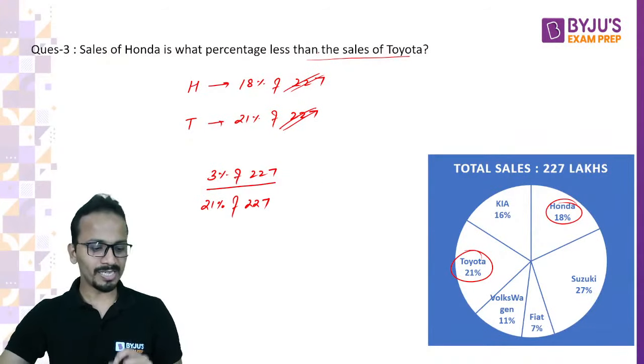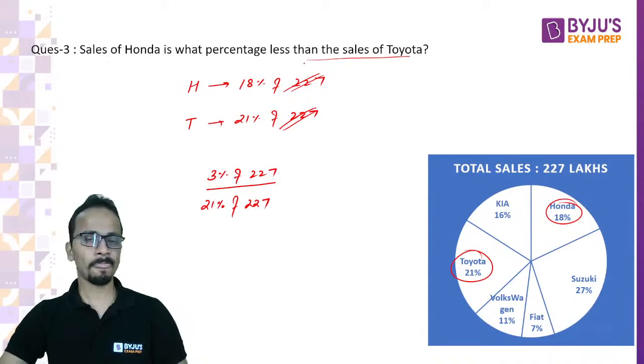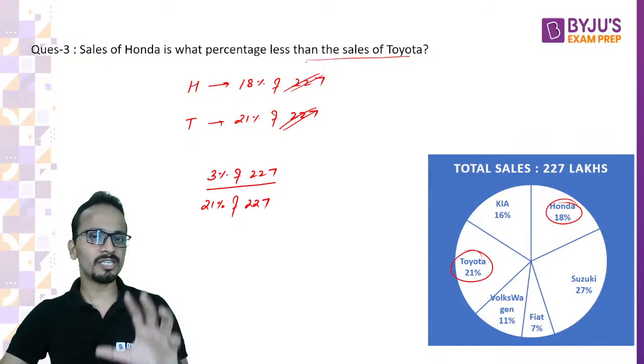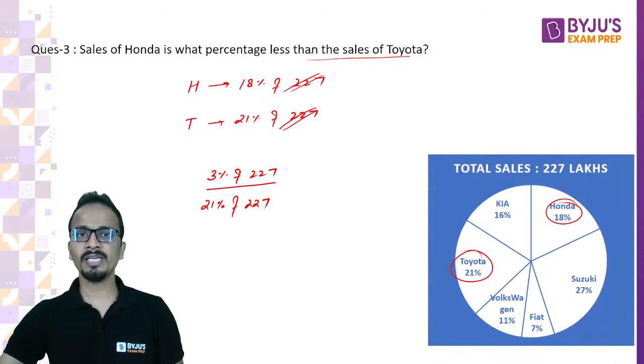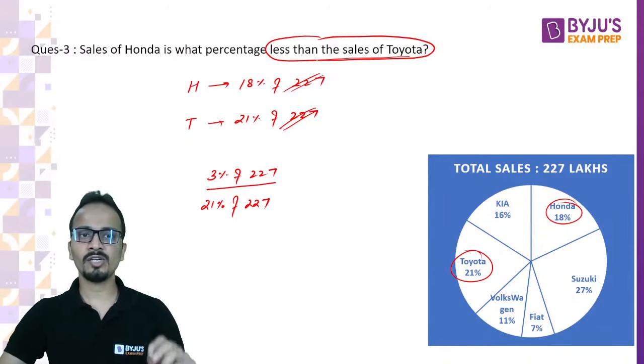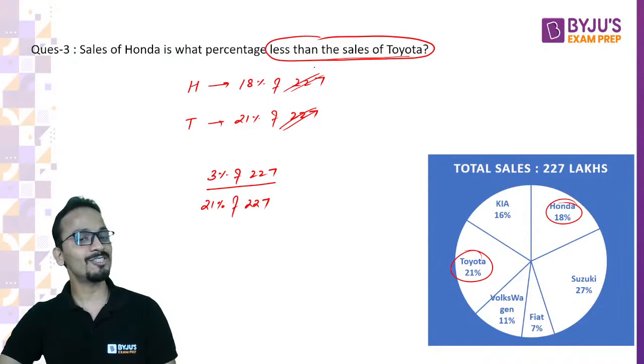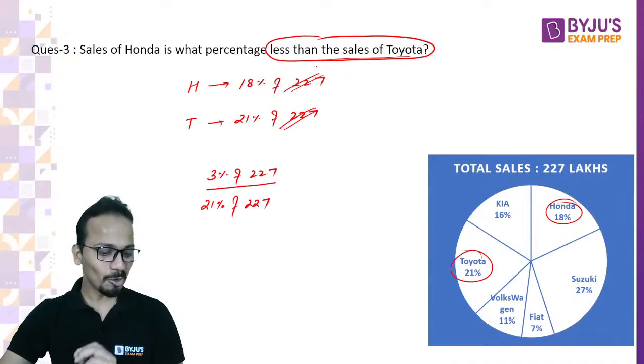So the sales of Honda is what percentage less than the sales of Toyota? Important, Piyush, Vicky, other students, is the denominator here. The numerator is pretty much clear. It will be the difference. The question is asking than the sales of Toyota. So in the denominator, we will be putting the sales of Toyota, not the sales of Honda. Am I clear to all of you?